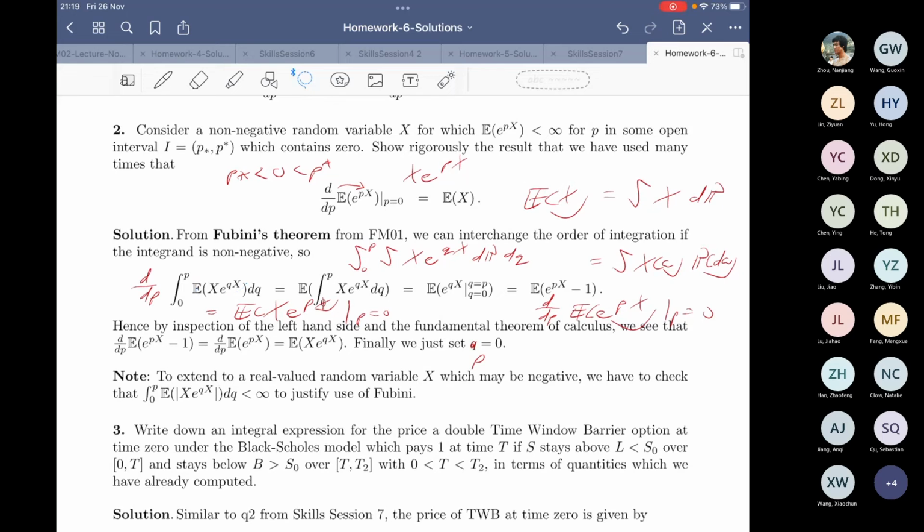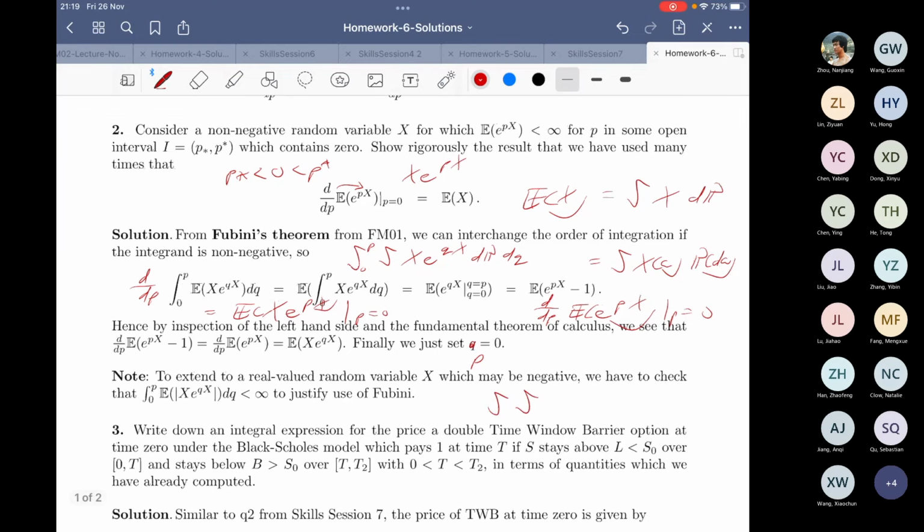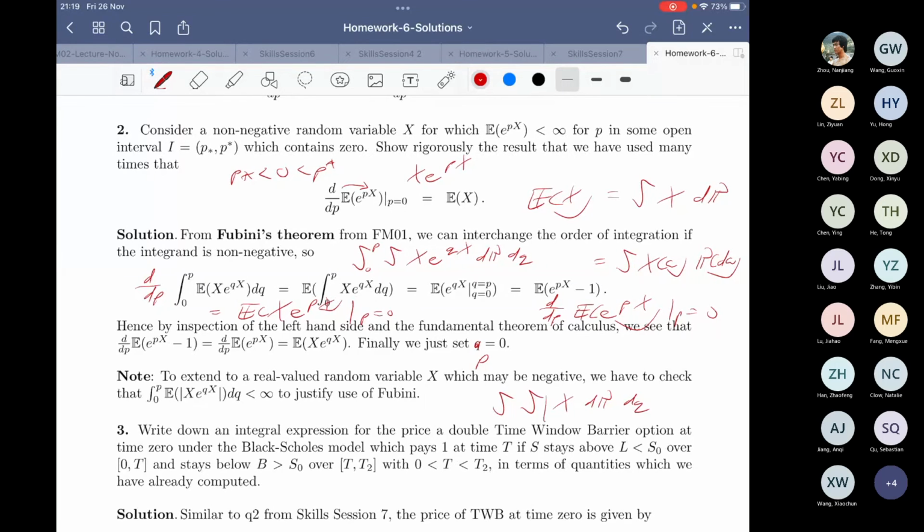In more generality, you would have an integral over R, another integral of a random variable, say dp, and it's dq in this particular case. For Fubini, you would need that to be less than infinity.